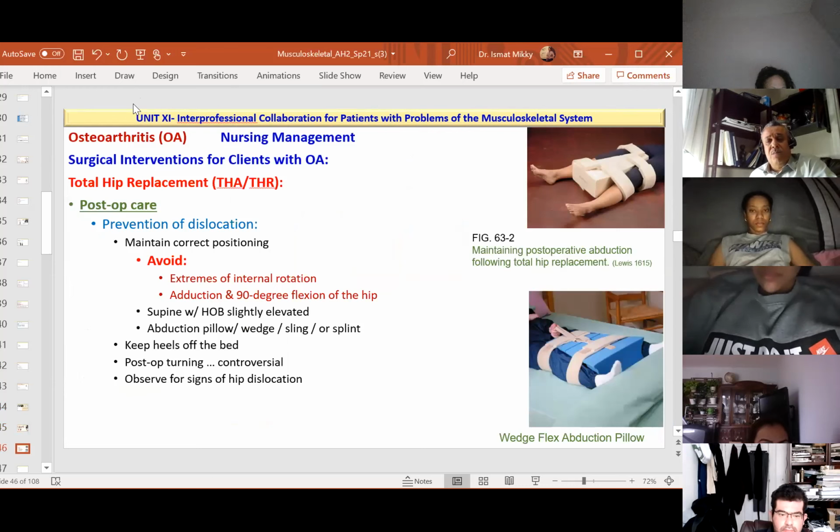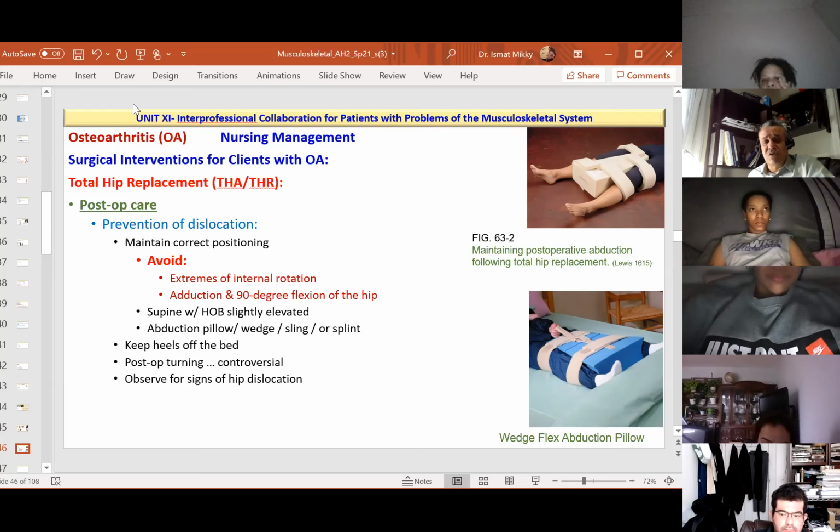So post-op care, the most important nursing care after the total hip replacement is to prevent dislocation. Prevention of dislocation requires that we first of all maintain the abduction, both legs away from each other.